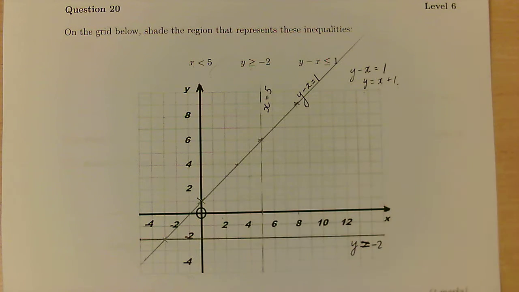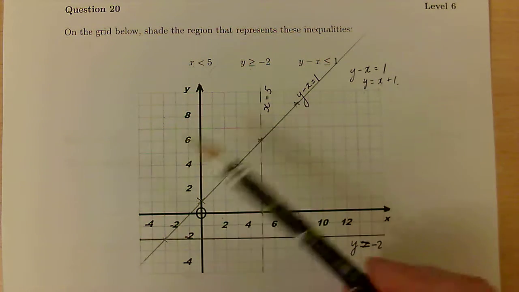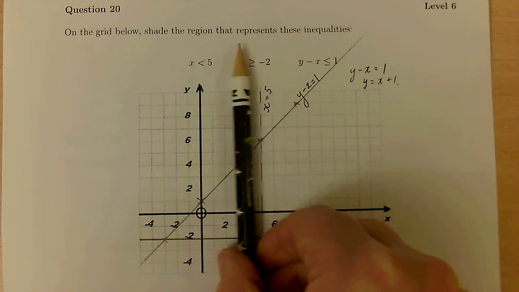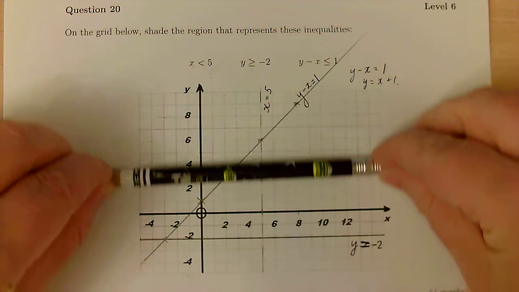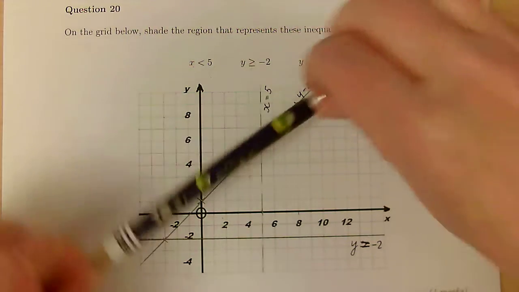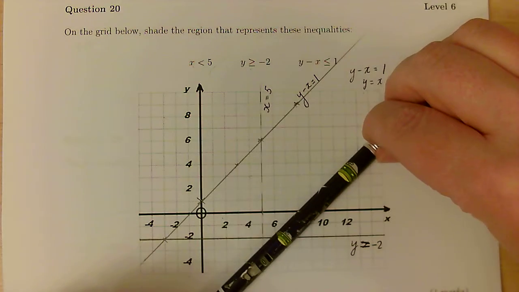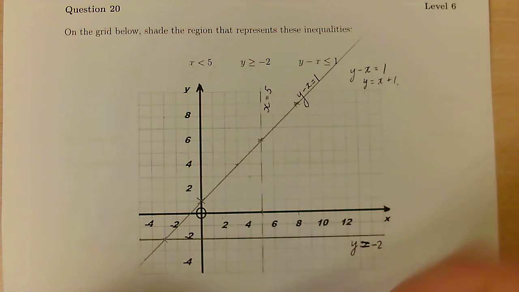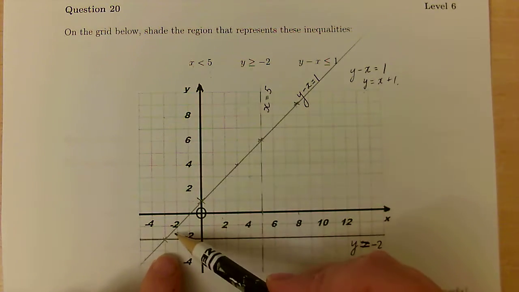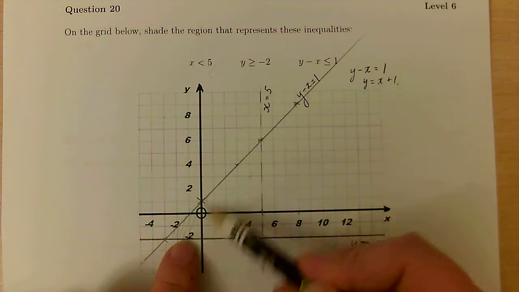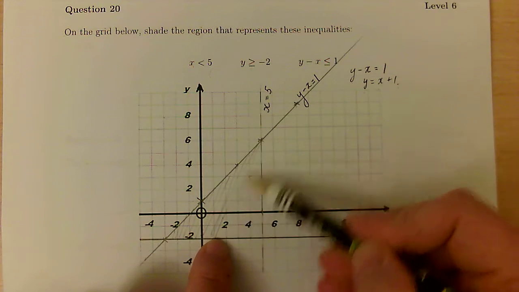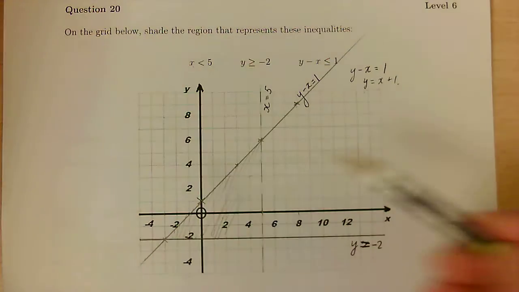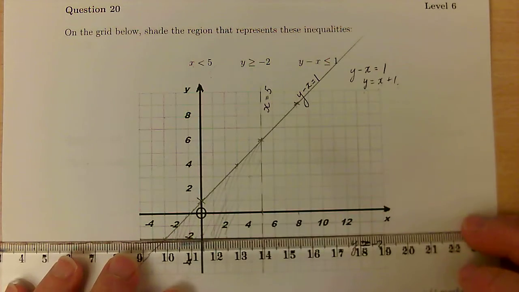Do you remember we've been interested in all points on the left from x equals 5, above y equals minus 2, and less than y minus x equals 1. So therefore we're actually interested in all the points in this triangle, and we need to carefully shade it somehow.